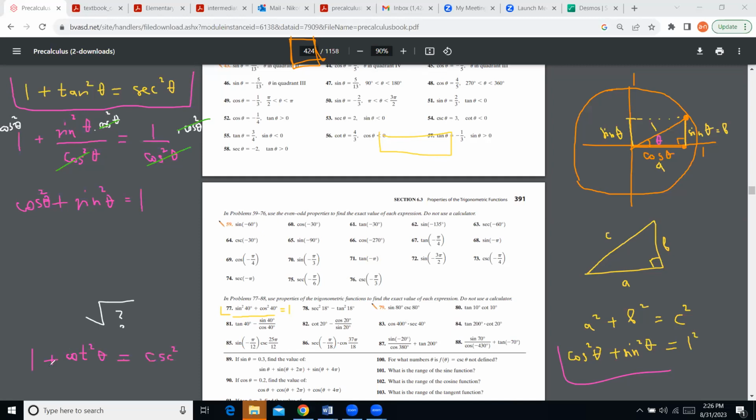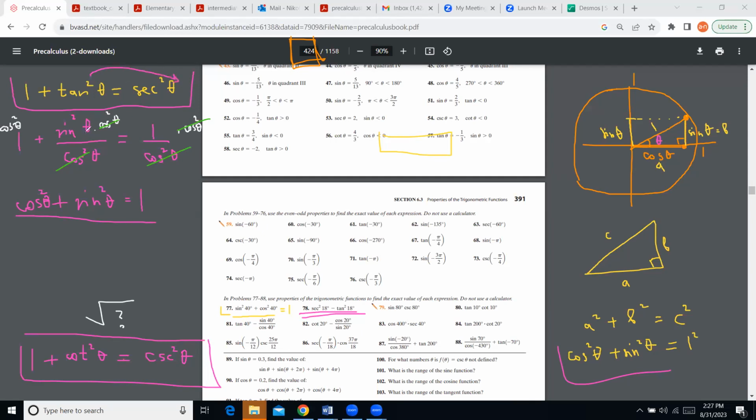Sometimes the minus pops up, but the idea is that if you write that second formula here in the box on the bottom, which is again cosine over sine, and that would be 1 over cosine, doing the same manipulation, you will end up with the Pythagorean identity. And that's why an exercise like 78 will make little sense if you just want to subtract tangent squared from secant squared.